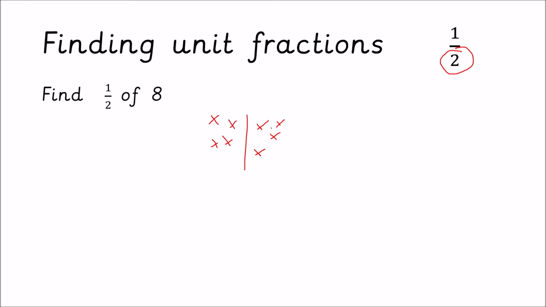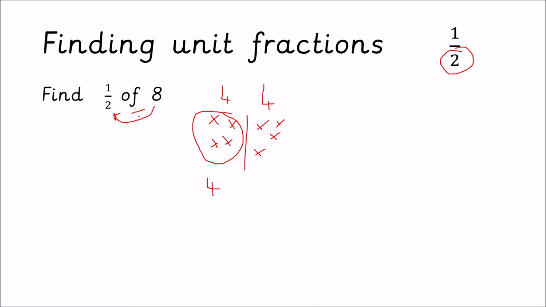So each group has 4 in. 4 add 4 is 8. 8 divided by 2 equals 4. One of these groups has a value of 4. So 1/2 of 8 is 4.